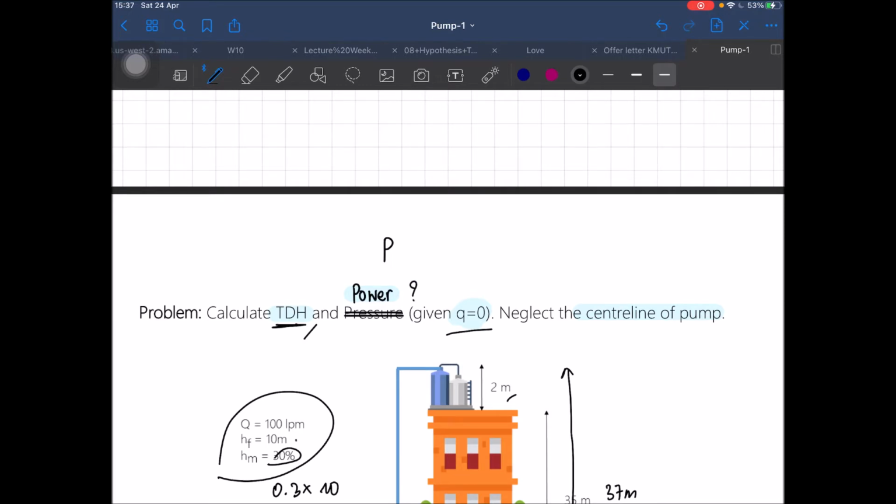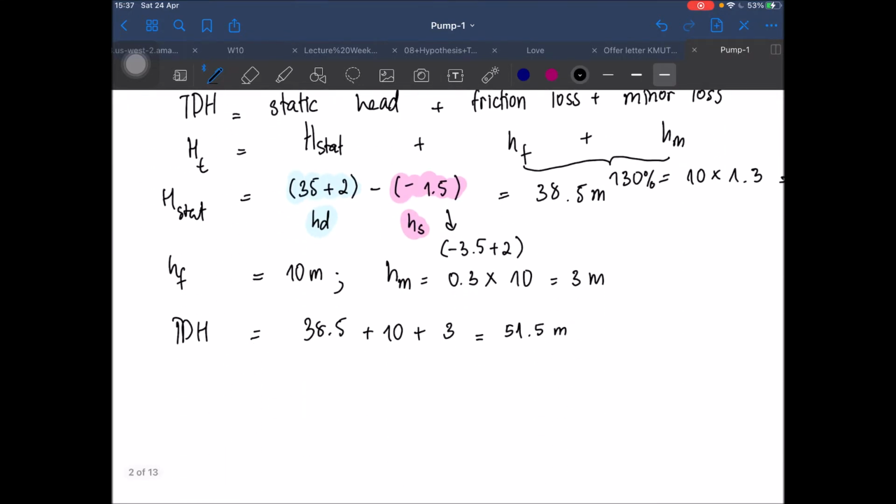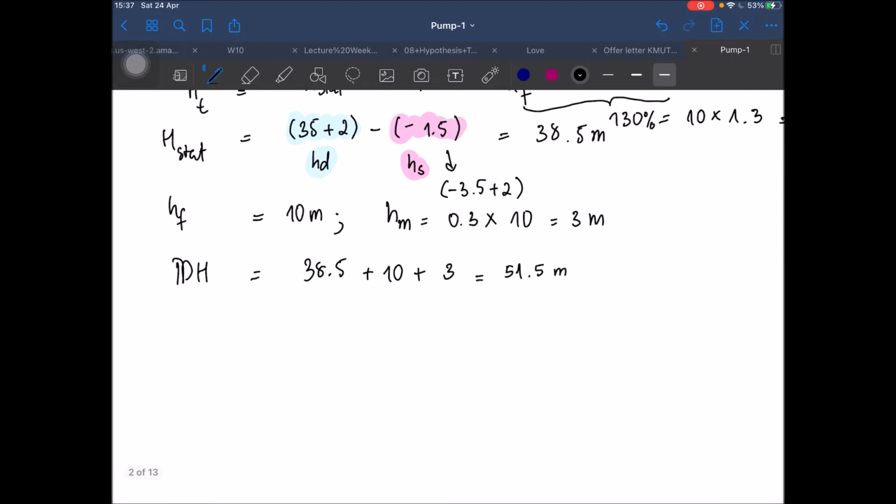Now we're finding the power. So how can we find the power? What formula are we going to use for the power? Now we have a brand new formula here. It's called the efficiency. So the efficiency E equals, I forgot this one, gamma QHT over P, power.